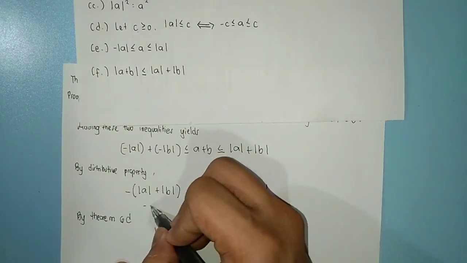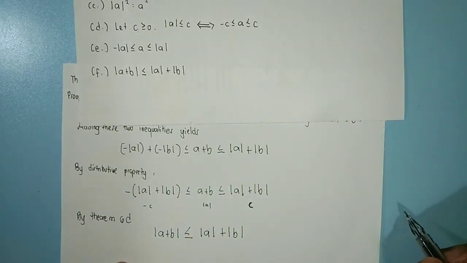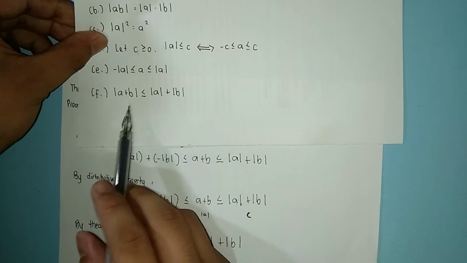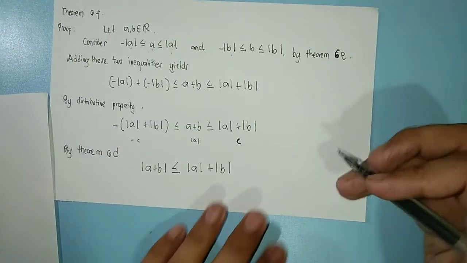Tapos, ito yung nagsilbing negative C. Dito. So, ito yung lumabas. And yan yung pinuprove natin. So, this will be done.